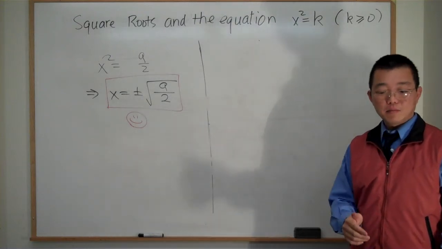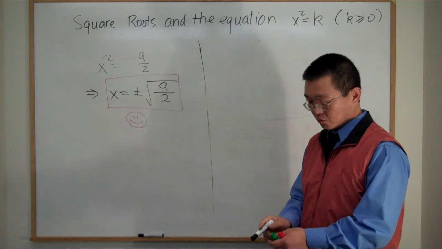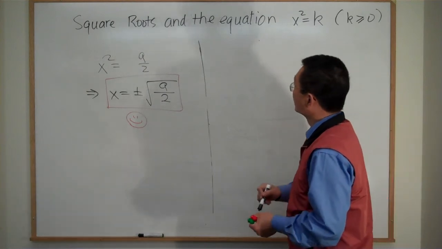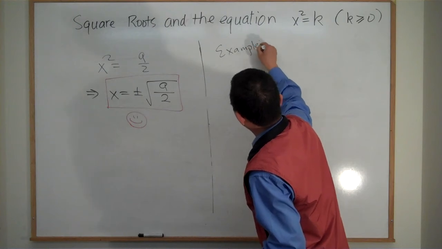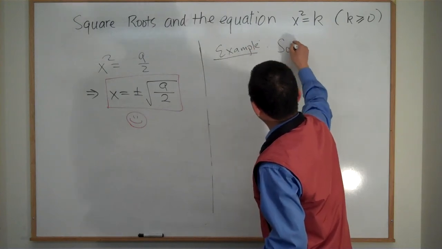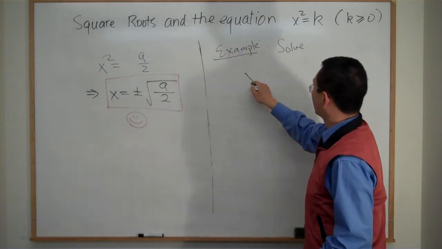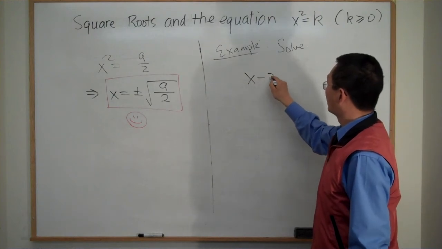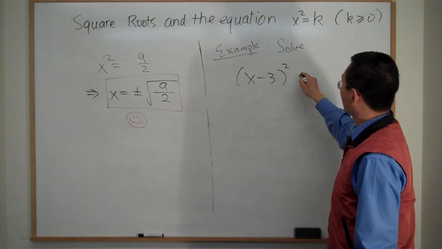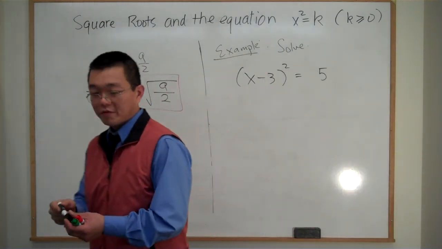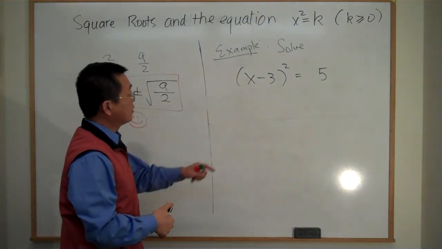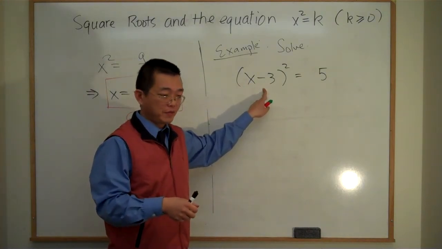Now we have our last example before you try some problems on your own. So our last example is this. We'd like to solve (x minus 3) squared equals 5.